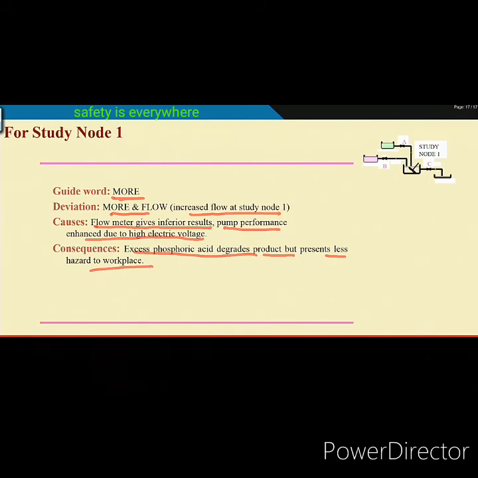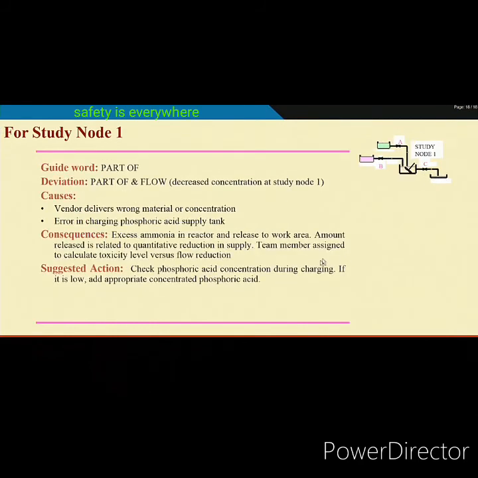Okay. So this is the way you have to conduct it. Then study node 1, flow, you are writing part of flow, concentration is less. Then what are the causes? Vendor delivers wrong material or concentration, or error in charging the phosphoric acid supply tank.